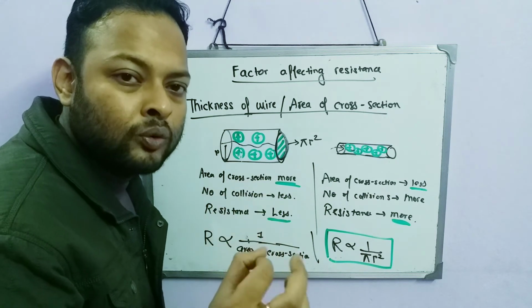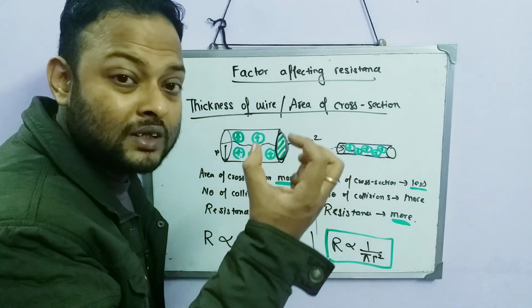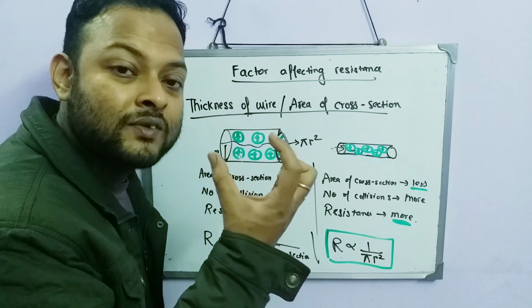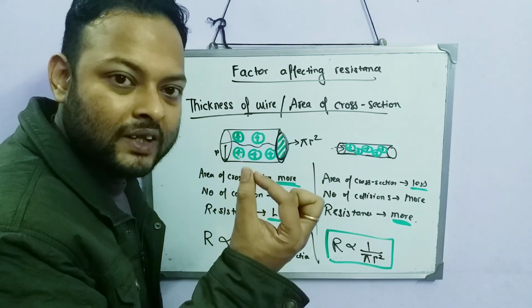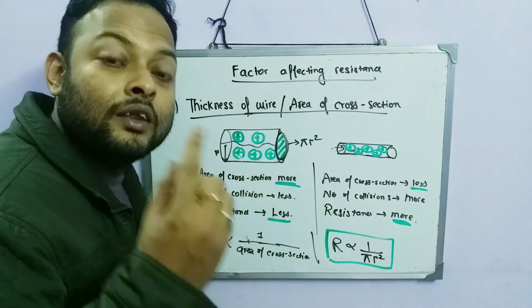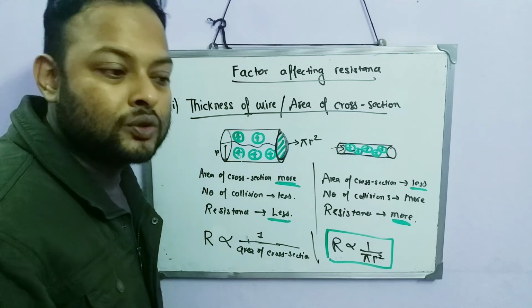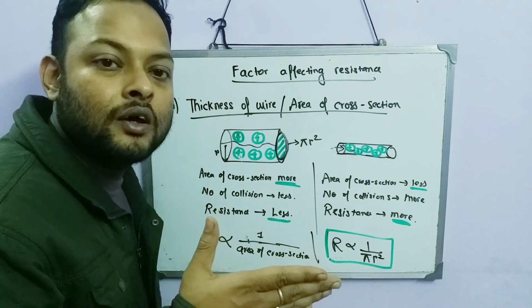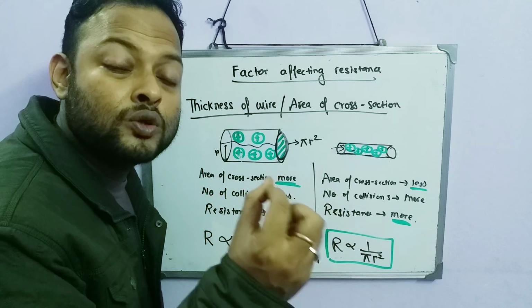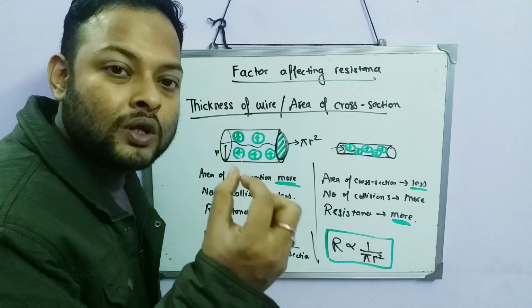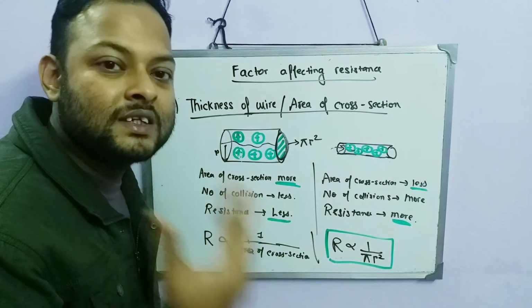Those wires, if you look closely, are very thick. And if the wire is very thick, then there is less resistance, so current flows through those wires very smoothly. So the wires are made thick so there is less resistance.